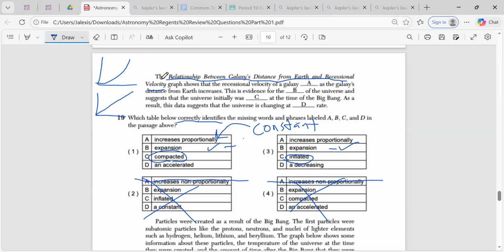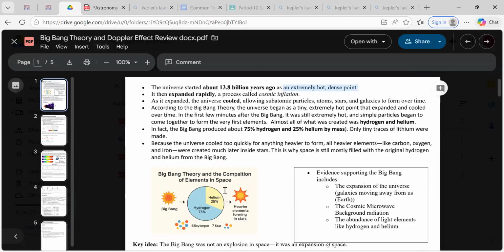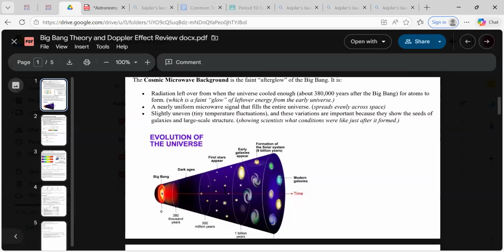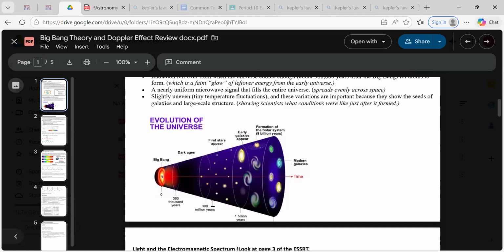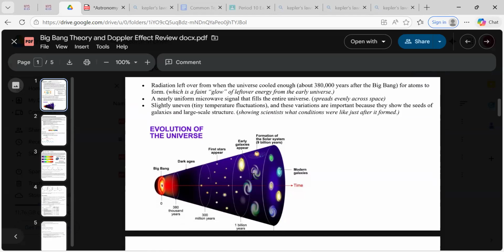Conceptually speaking, one of the things in this review sheet is that from the moment the Big Bang happened, the universe is expanding, and as time passes on, it's expanding at an even faster rate.